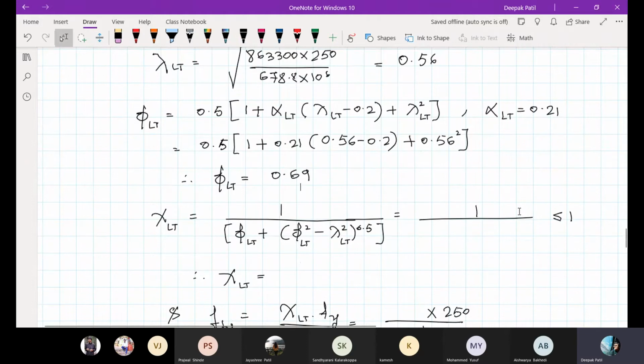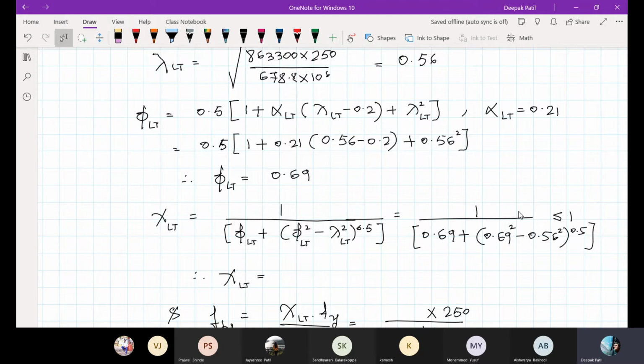Then you can easily calculate Xi LT using this formula. 0.69 plus 0.69 square minus 0.56 square, and this raised to only 0.5. So let me calculate that. 0.69 square minus 0.56 square raised to 0.5 plus 0.69.